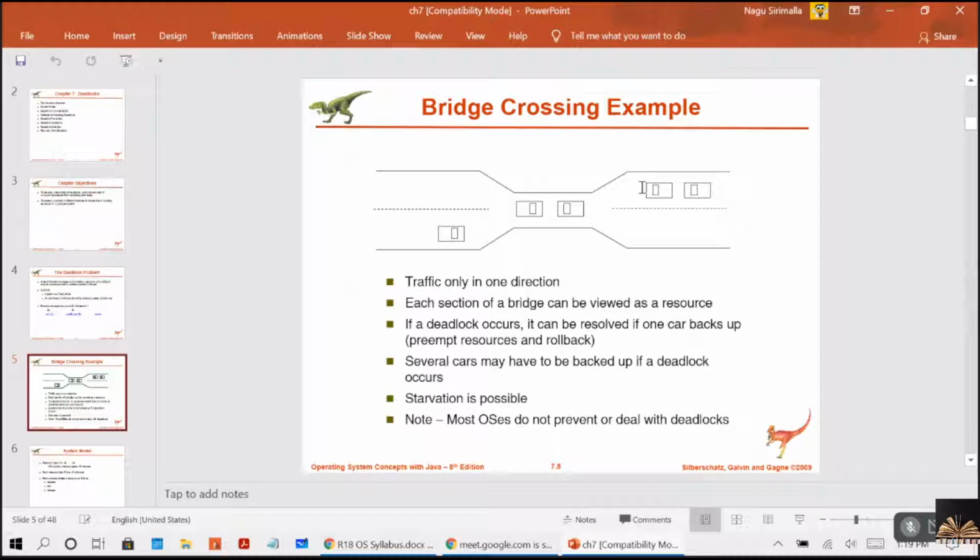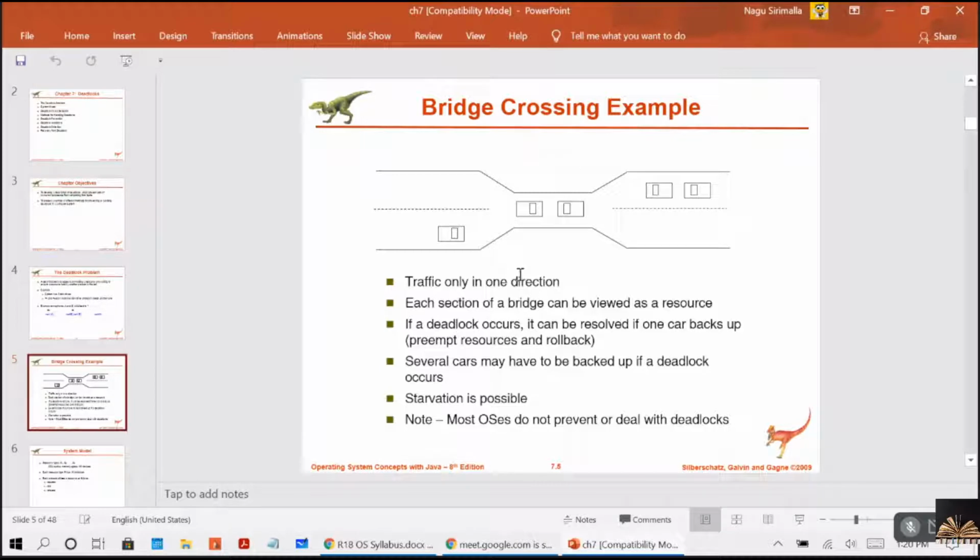The left side vehicle will not go to the right side, the right side vehicle will not go to the left side. Both are in the blocked state. How can this situation be solved? One of the vehicles has to go back. That means in your computer, to come out of the deadlock situation, one of the processes has to be aborted or killed, right? You are getting me, right?